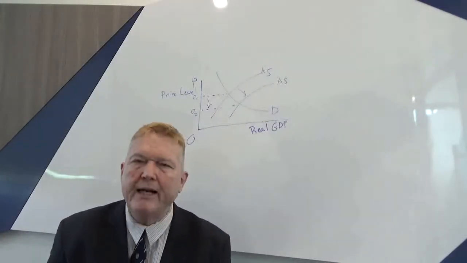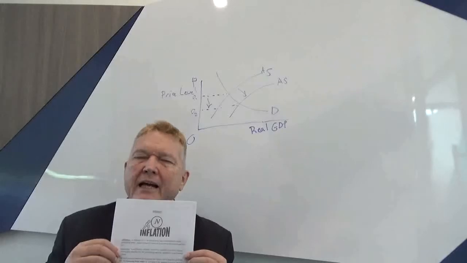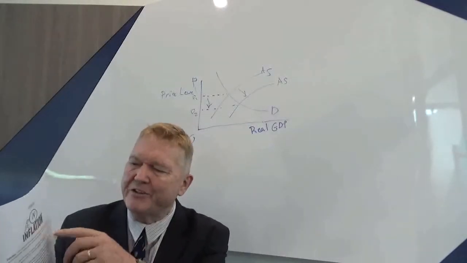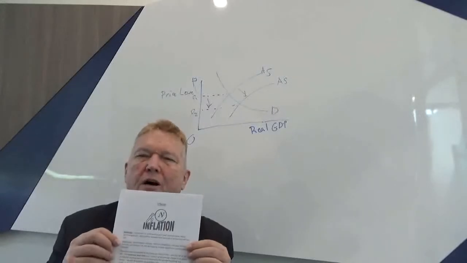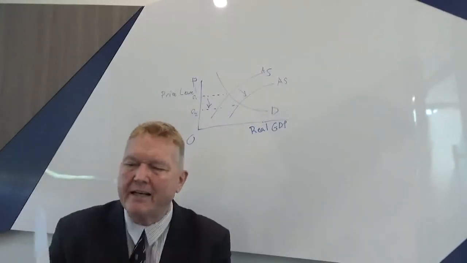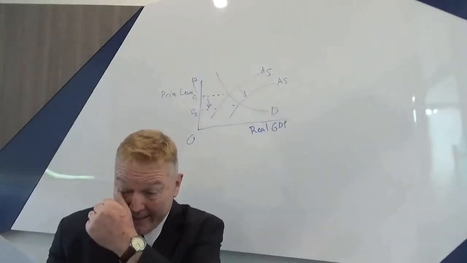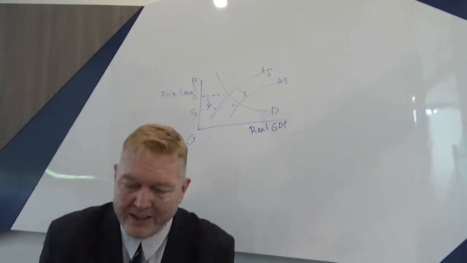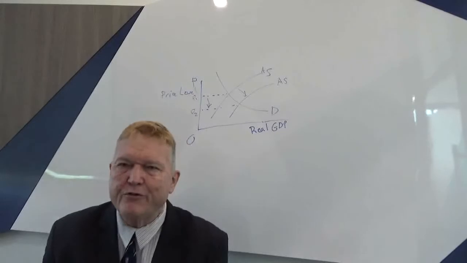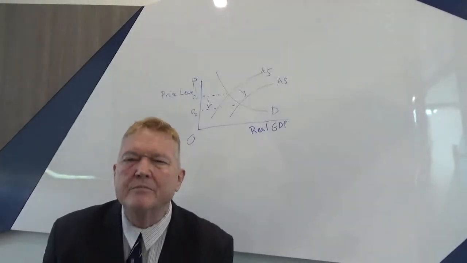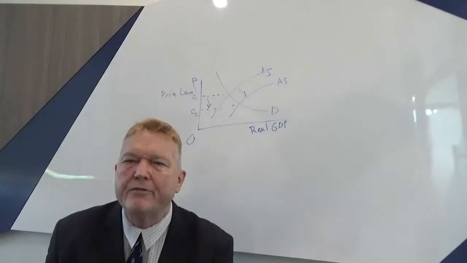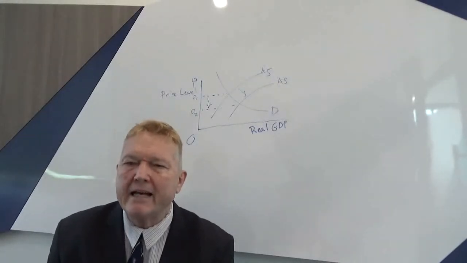What I'd like you to do now is take out the handout that I sent all of you, which has this inflation logo on the front, and look at it. We're just going to try to go over inflation today so that you feel a rock solid understanding of the subject, which is really key for our understanding of macro at the AS level.